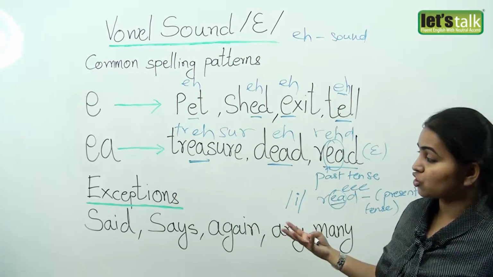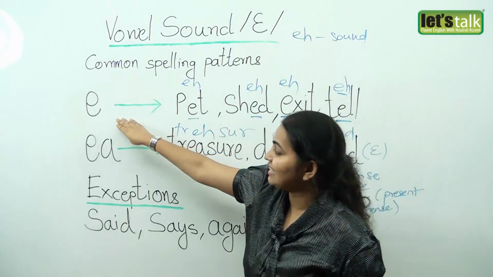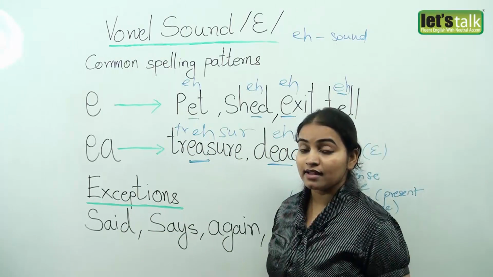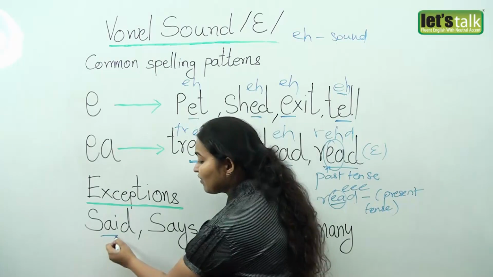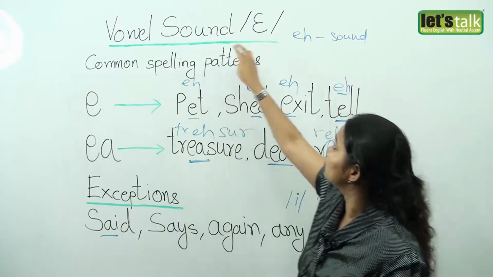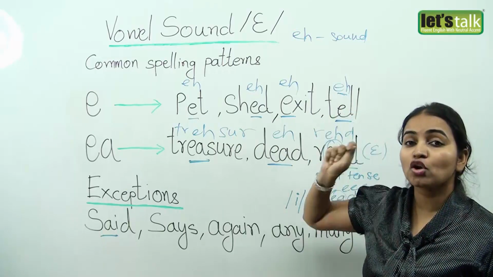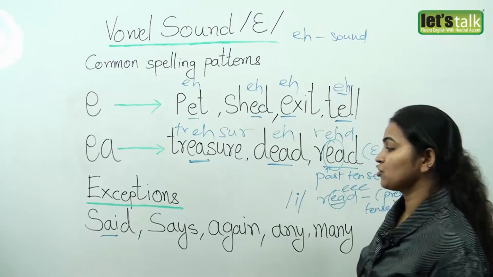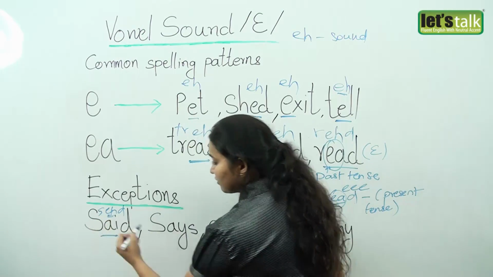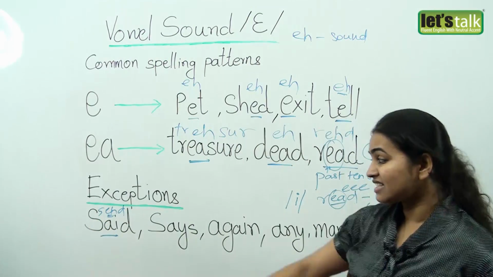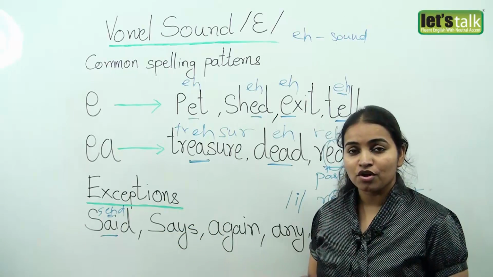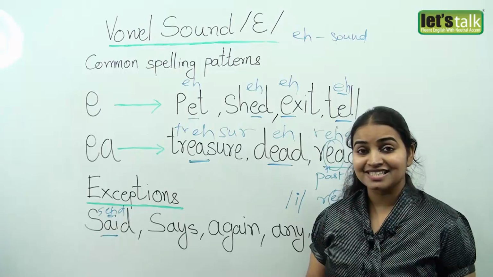So the exceptions which do not follow the E or the EA are, for example, said. I have an AI, but yet I pronounce the word using the short E vowel sound. So I say said. It's not sayed. The spelling is SAID, so ordinarily it would be pronounced as sayed.